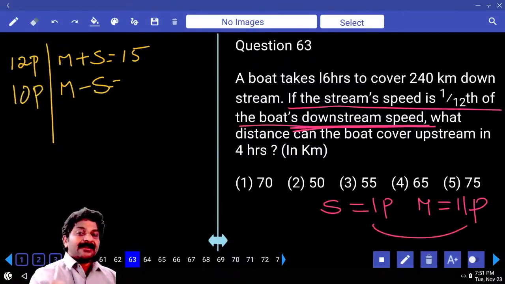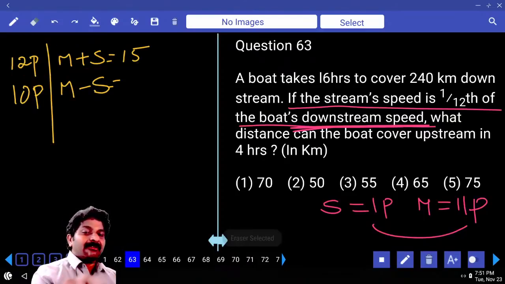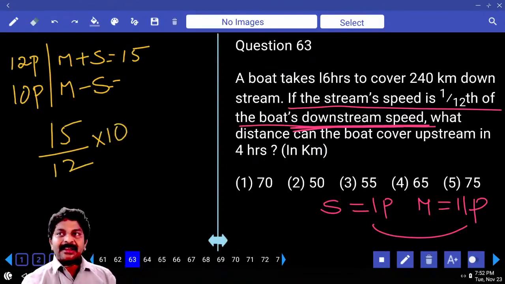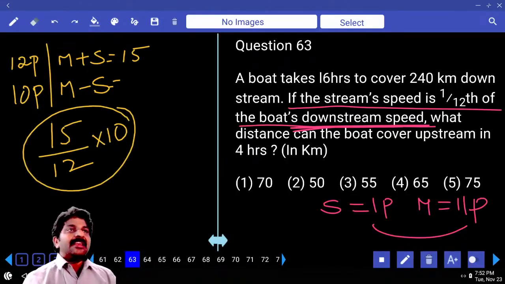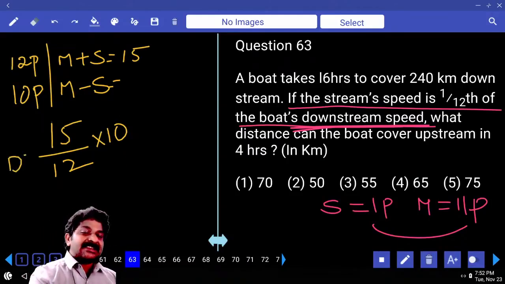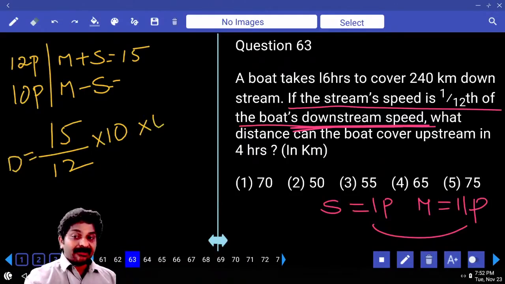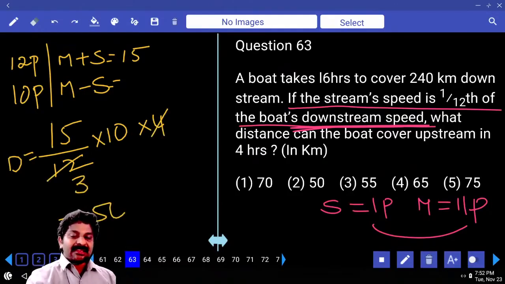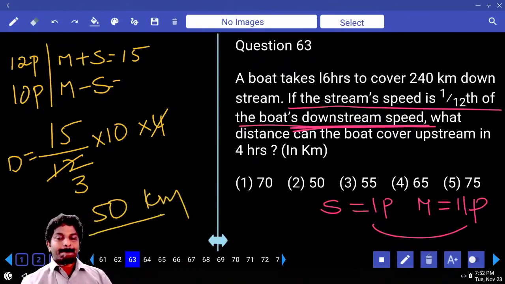Is that clear? Now 12 parts is equal to 15 only. Then 1 part is equal to 15 divided by 12. Upstream speed is equal to 10 parts, that is into 10. This calculation will give you the upstream speed. We want to calculate the distance covered in 4 hours, into 4. 4 threes are 12, 150 by 3, 50 kilometers.